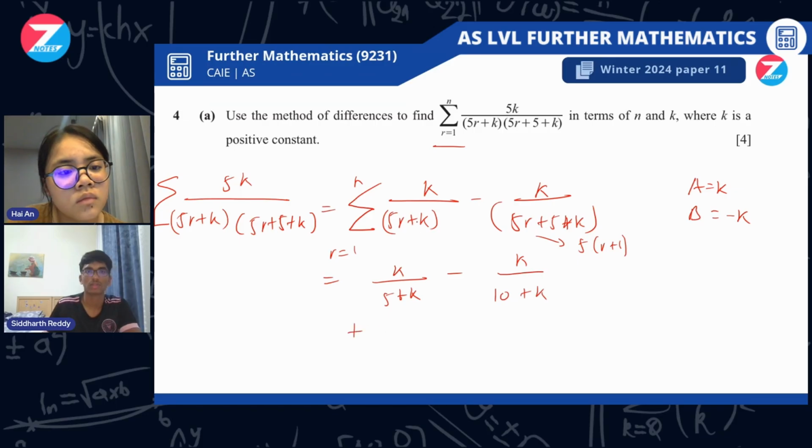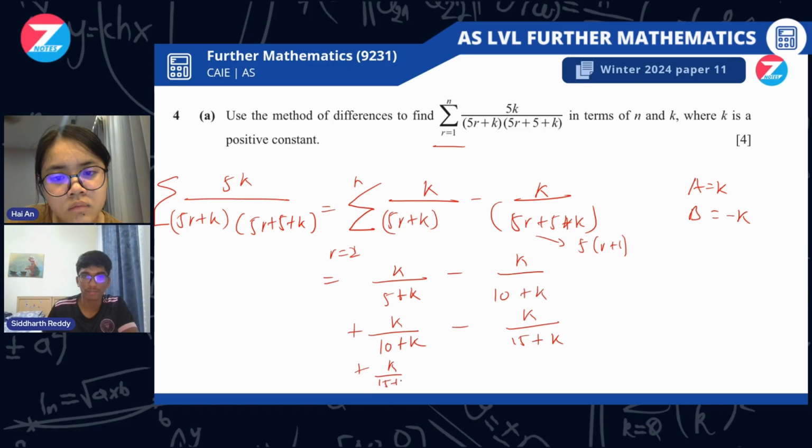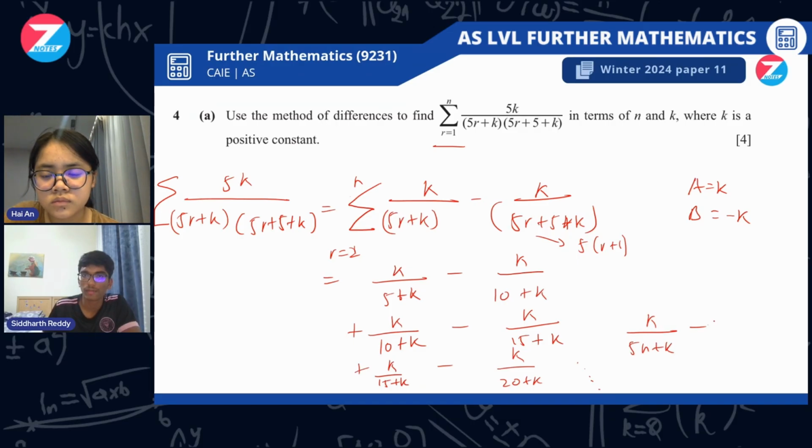Now plus, then add the next one. So for r is equal to 2, we get k by 10 plus k minus k by 15 plus k. So we have plus k by 15 plus k minus k by 20 plus k, and so on and so forth, until we finally reach n and we get k by 5n plus k minus k by 5 into n plus 1 plus k.